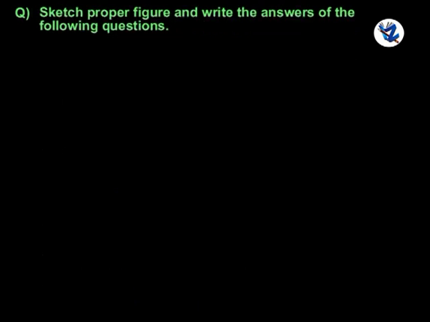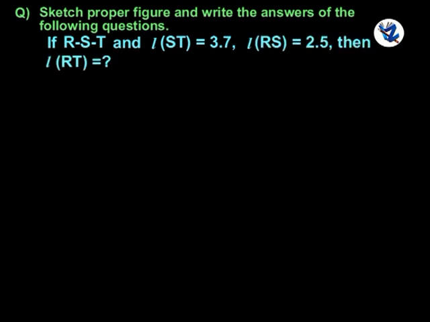Next question. Sketch a proper figure and write the answer of the following question. If R-S-T and length ST is equal to 3.7, length RS is equal to 2.5, then length RT is equal to what?